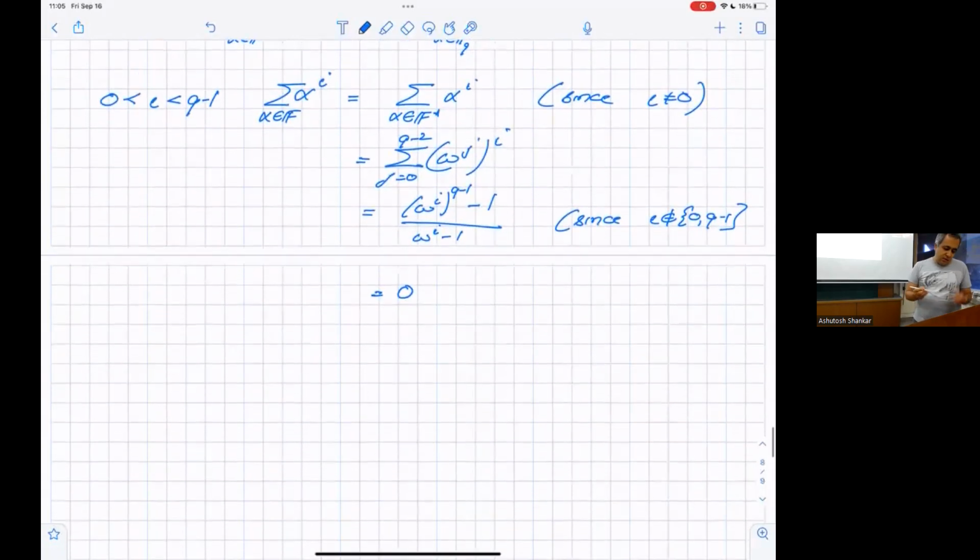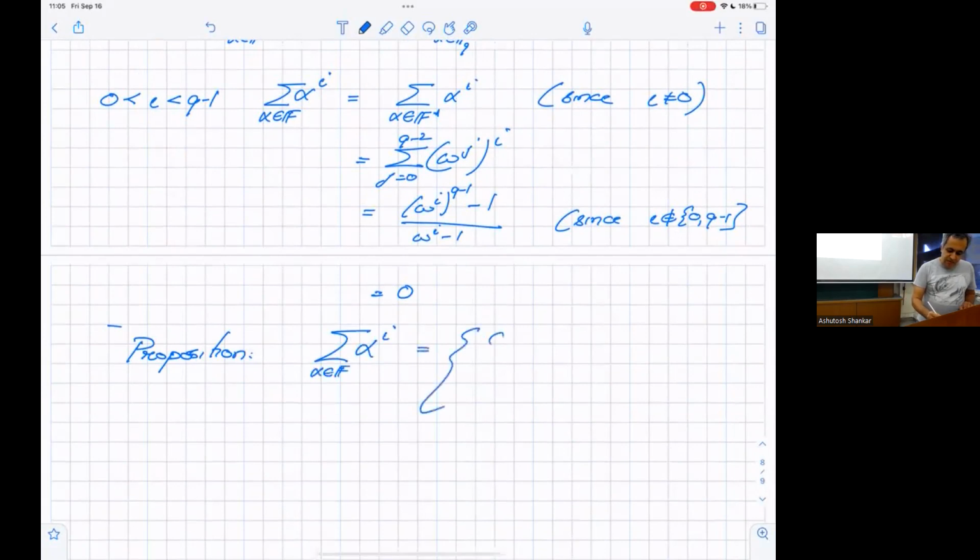These are some basic Fourier facts, but I want to say, at the end of this, what is the main proposition that we have? The following: the sum of alpha to the power i over alpha in F is 0 if i is less than q minus 1, and it is minus 1 if i equals q minus 1.